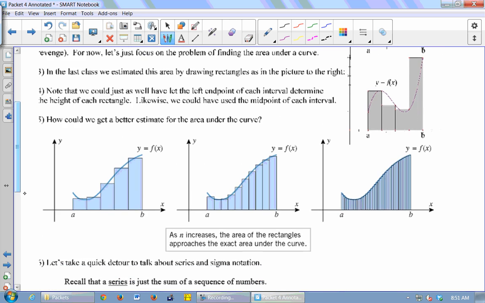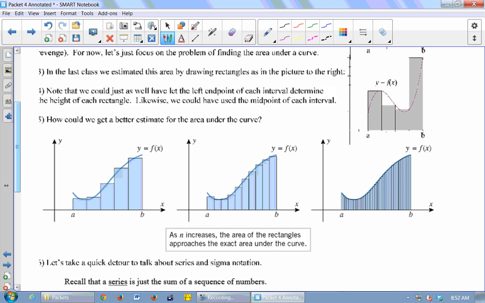So, also in the last class, we estimated area under a curve by using rectangles, like in this picture at the right. So, I broke my interval a to b up into n pieces, and then in this picture, am I using left endpoints or right endpoints to get the height of the rectangles? Right, yeah.